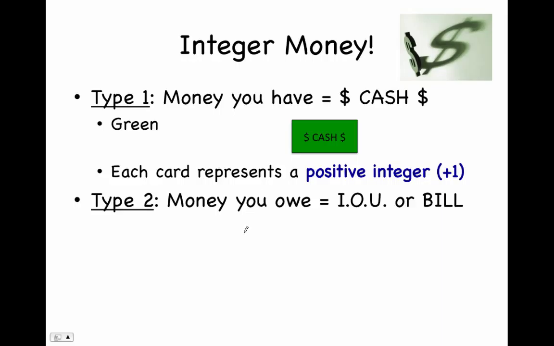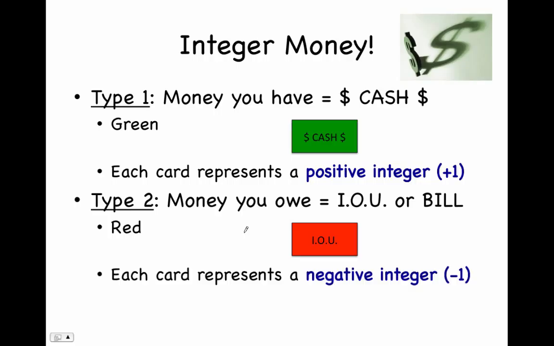The second type of money you can have, or actually don't have, is money that you owe. You can call this an IOU or a bill. Something you don't have, something that you owe. And we're going to use red for that. Sometimes we say we're in the red. Each card here represents a negative integer, so think of it as negative or minus $1.